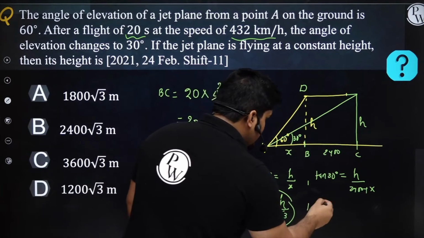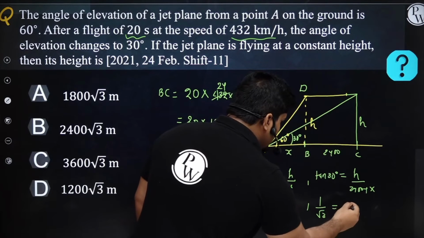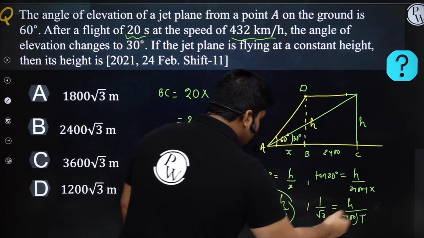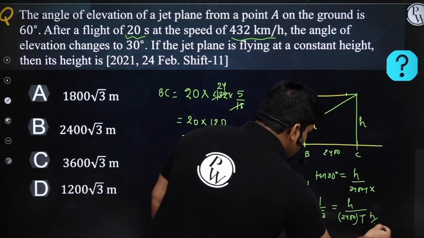Replace here: tan 30 is 1 by root 3, so 1 by root 3 equals H upon 2400 plus H upon root 3.